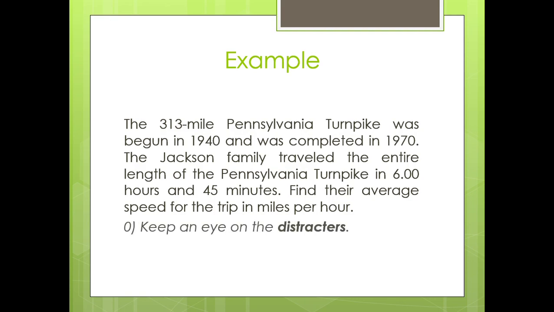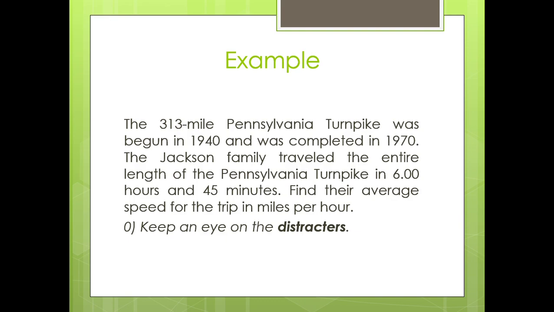All right. So here I have something very important. Keep an eye on the distractors. In this problem, there is information that is not relevant for what you need to do. For example, it says it began in 1940 and it was completed in 1970.